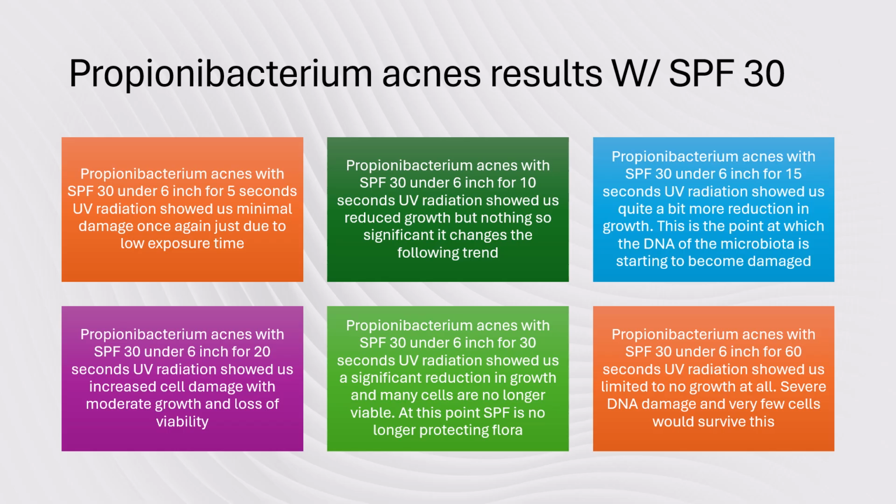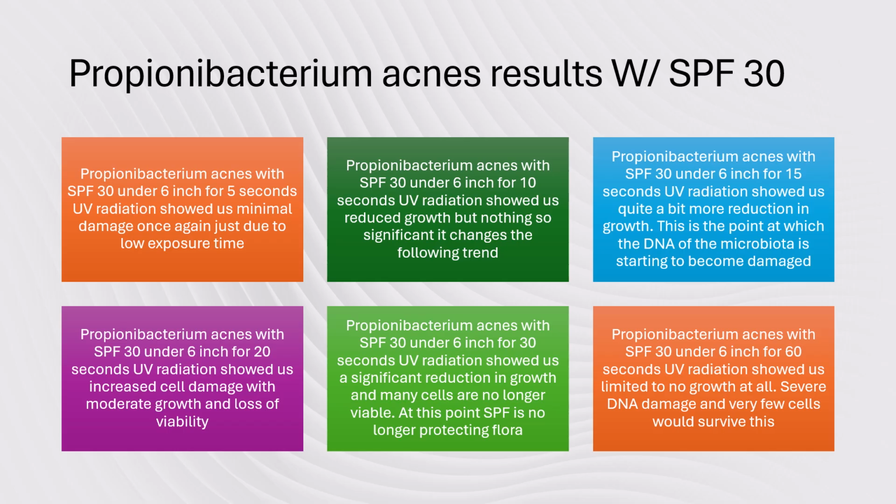With that said, we bumped it up to 30 seconds, and this is where you see a very significant reduction in growth, and at this point many to almost all of these cells are no longer viable. So at this point, SPF is no longer protecting the flora at all. And then we bumped it up again to 60 seconds of UV exposure.